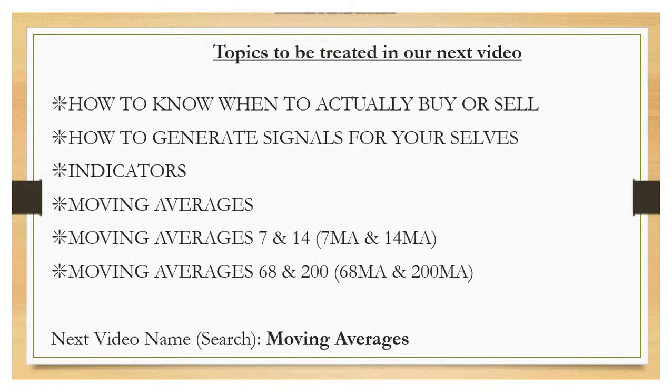That is the 7 and 14. Now look at moving averages 68 and 200. That is 7 MA and 14 MA, how they work, and 68 MA and 200 MA, how they work.